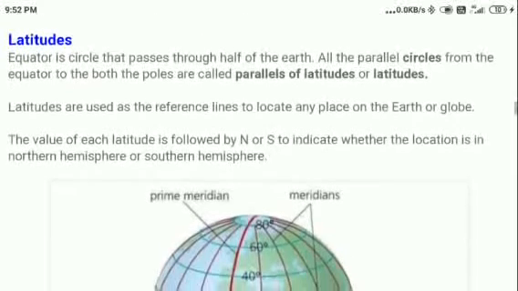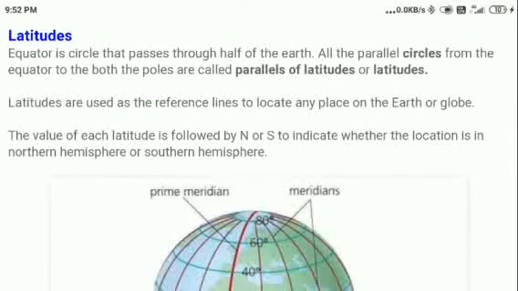First is latitudes. Latitudes are the parallel lines around the globe making circles, and they start from the equator. Our equator, which is the circular curve, is the biggest latitude, and from that the circular paths move towards the poles, from the equator to the north pole as well as the south pole.